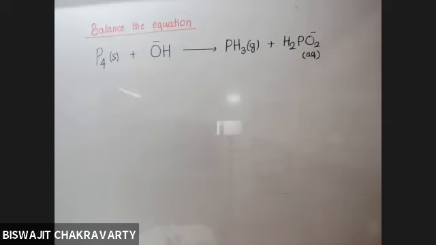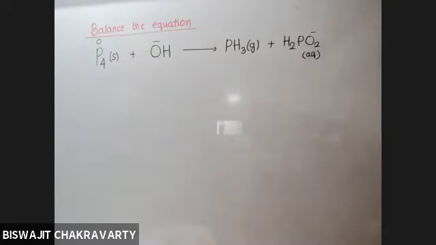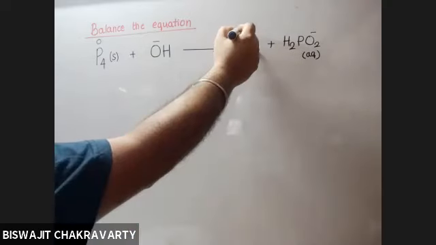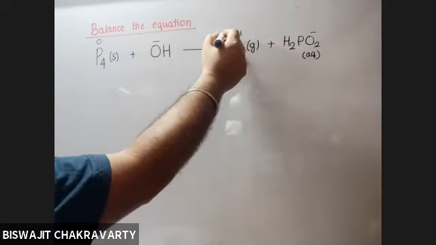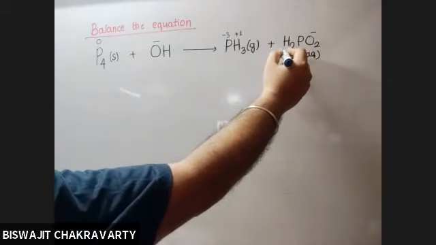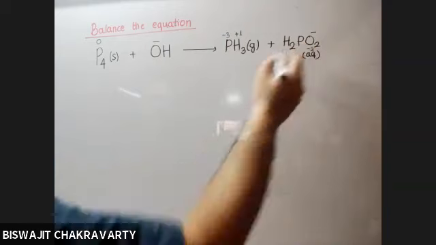Now you calculate the oxidation numbers of each and every atom. Forget about OH minus. What is the oxidation number of phosphorus in P4? 0. Very good, because it is in elemental form. Hydrogen is +1 each, so phosphorus in PH3 will obviously be -3. Similarly, find the oxidation number of phosphorus if each hydrogen is +1 and each oxygen is -2.